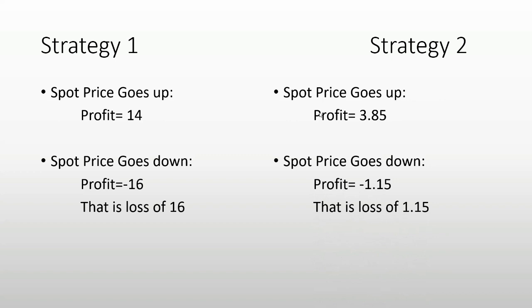So which one is better? If you are a risk averse investor, then you should choose strategy 2 because it gives you less profit but also less loss. But if you are a risky investor, then you should choose strategy 1, which gives you a great profit when the spot price goes up, but it also kills you when the price goes down.